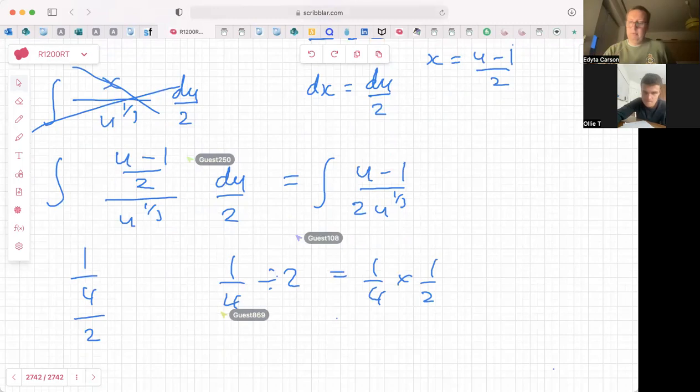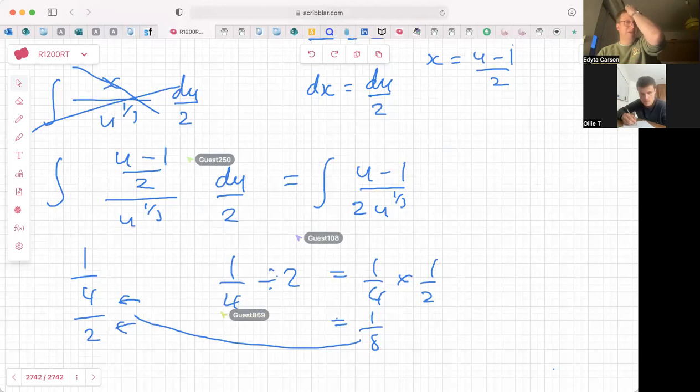You use the reciprocal, and that's 1/8, which is the same as just multiplying the two together. If you've got a quarter of a circle and you divide it by 2, it's 1/8 of a circle.